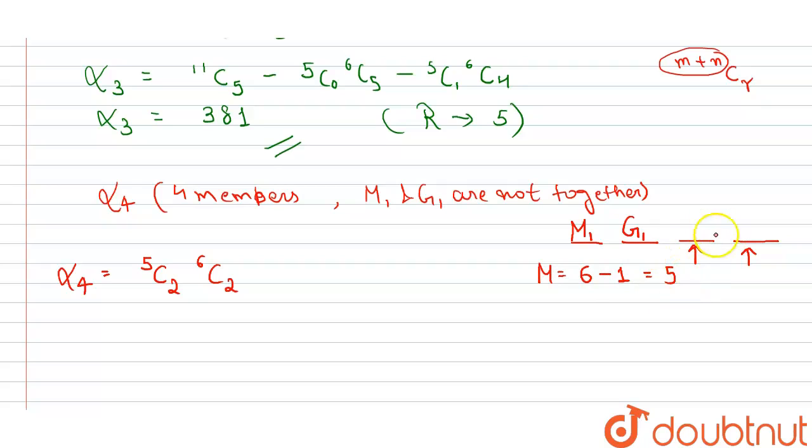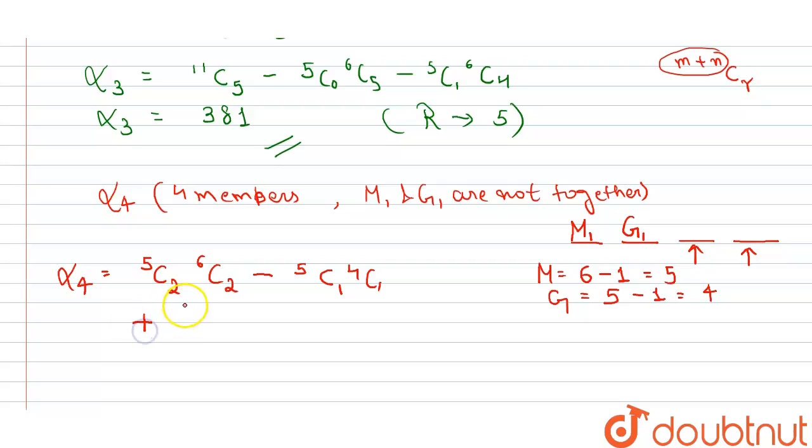From 5 we have to select this position. Similarly for girls, the total number of girls is 5, so 5 minus 1, because 1 position is already taken, the number left is 4. From 4 we have to select this one. So now we have to subtract 5C1 and 4C1. This will become our first case.